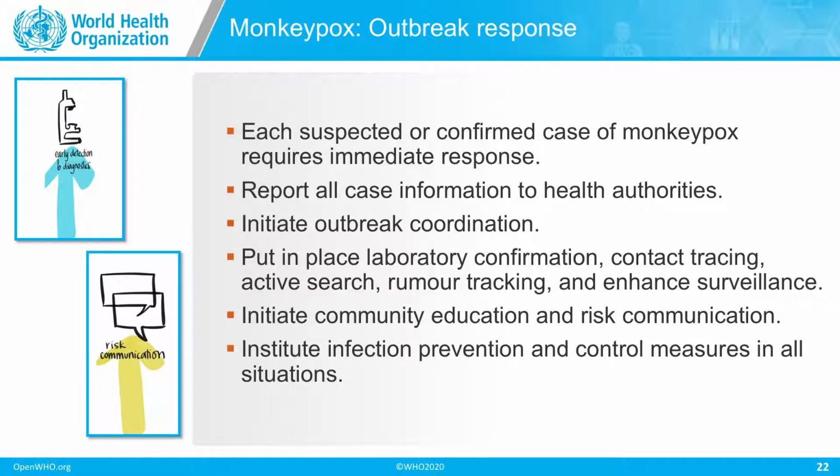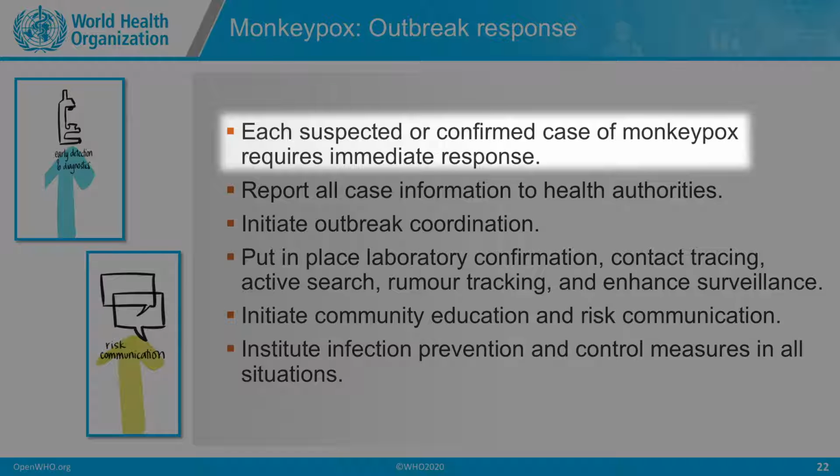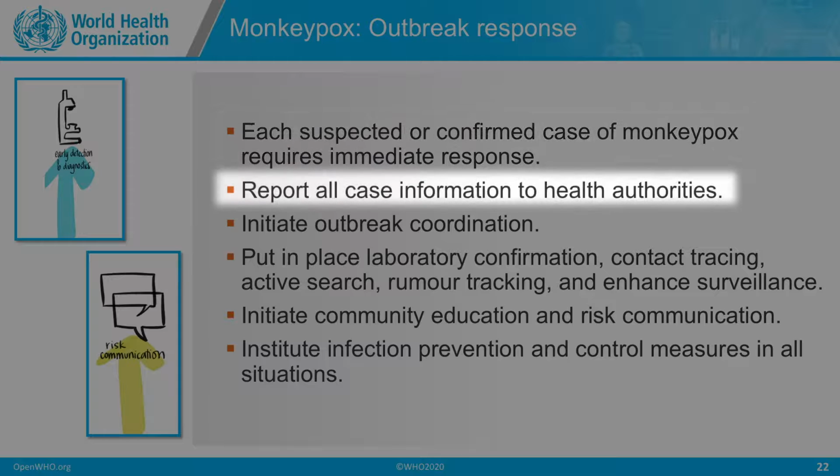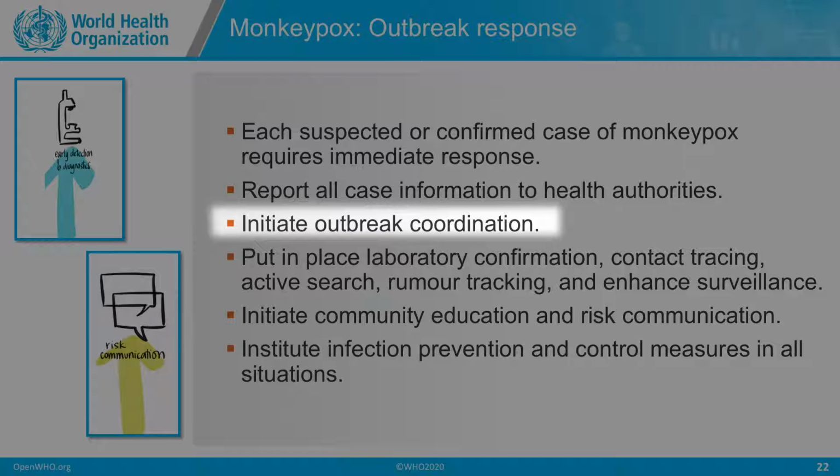Because monkeypox can be transmitted from person to person, it's critical that each case of suspected monkeypox be considered as a possible outbreak. It requires an immediate response. Report all case information to health authorities, and the national health authorities must rapidly initiate outbreak coordination and response mechanisms. These can extend to the regional and local levels.